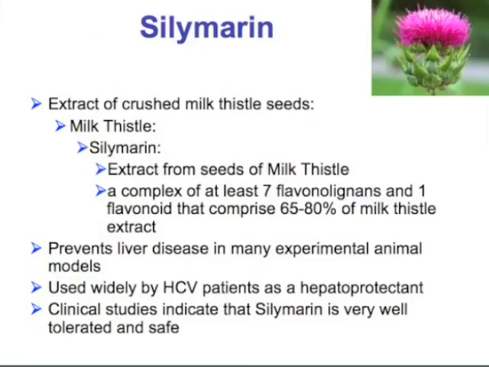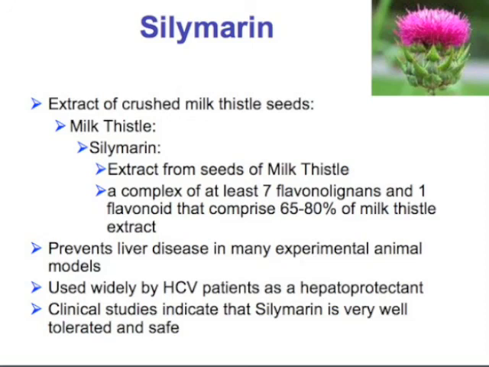And one of the things that we're working on in the lab is this compound called silymarin. And this is from this pretty plant here. It's actually a noxious weed. But when you crush the seeds of milk thistle and make an extract, it's called silymarin. This is a complex of compounds called flavonolignans and a flavonoid that comprise the bulk of milk thistle extract.